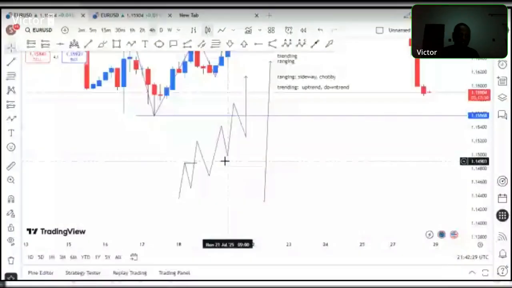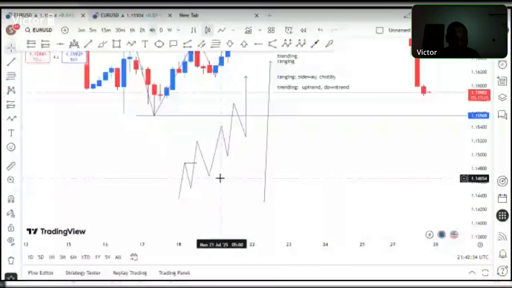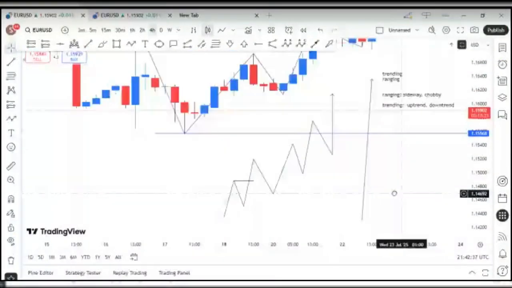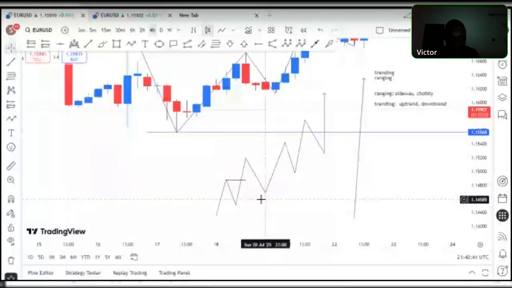So now, another thing you must take note of is that for you to have an uptrend, you must have a series of higher highs. Let me write it out.